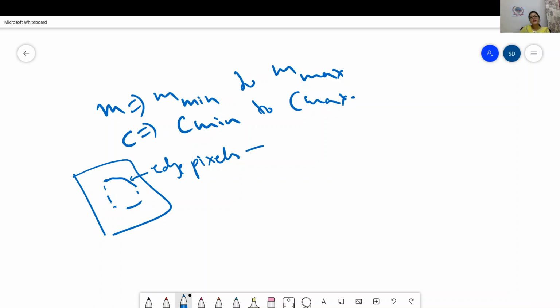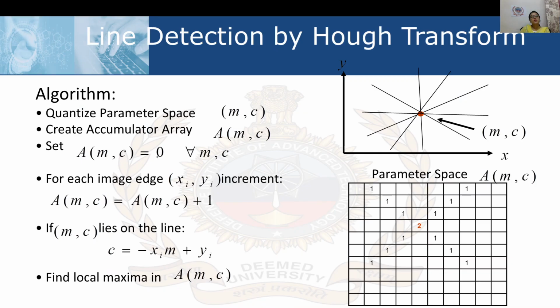These edge pixels are in the form of xi, yi pairs. Now we take each xi, yi pair, and for a given m value, we calculate the c value using the equation c equal to minus xi m plus yi.